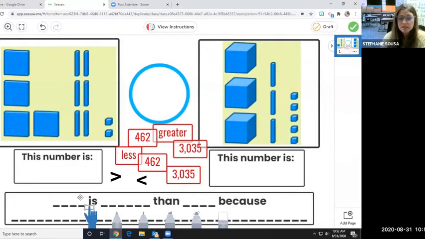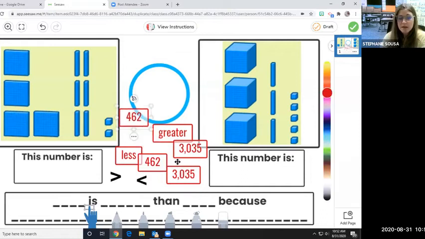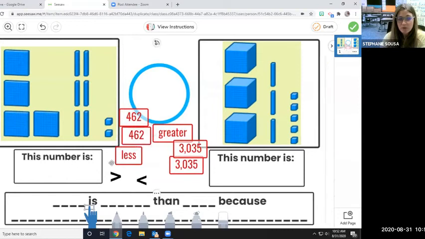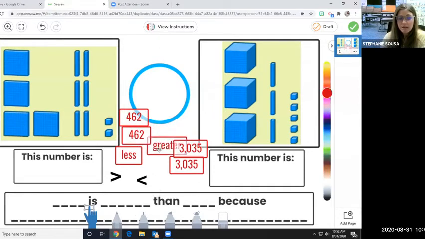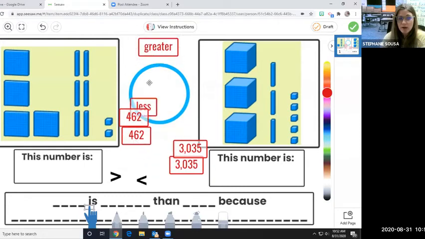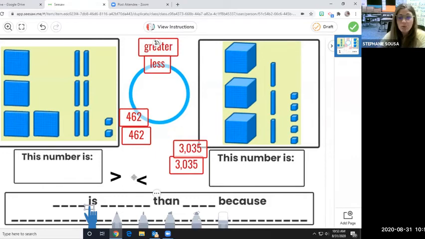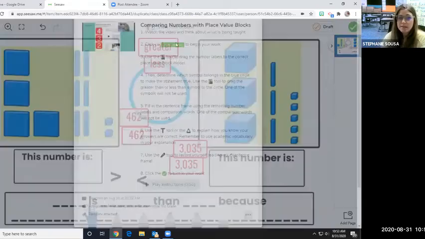So my sentence frame says blank is blank than blank. So I'm going to take the numbers. The reason that there are 2 of them is because one of them goes up here and then the others will go down here. And I have comparison words, greater and less. My directions told me that one of them will not be used because I'm going to choose which is greater or less.